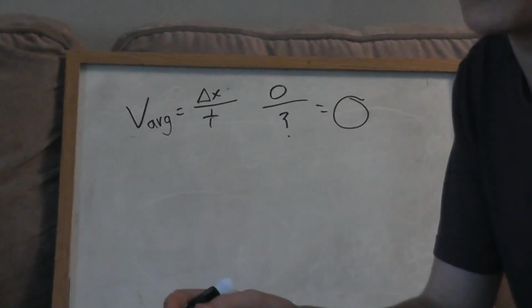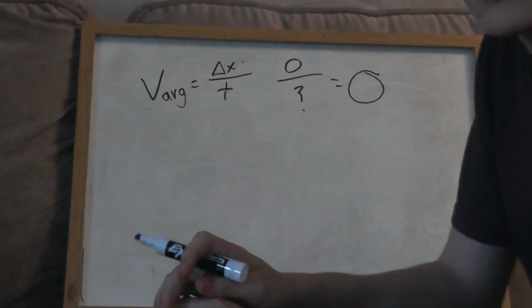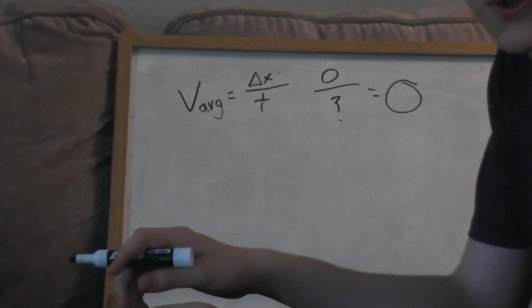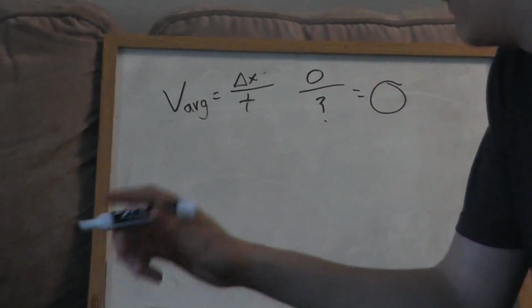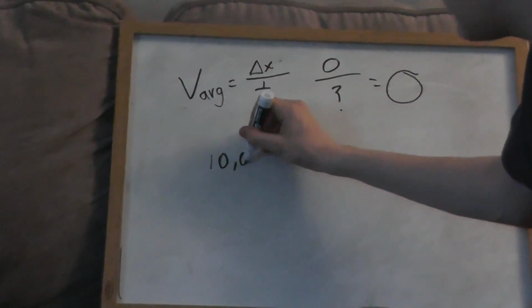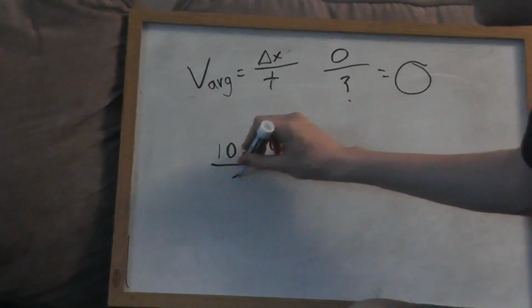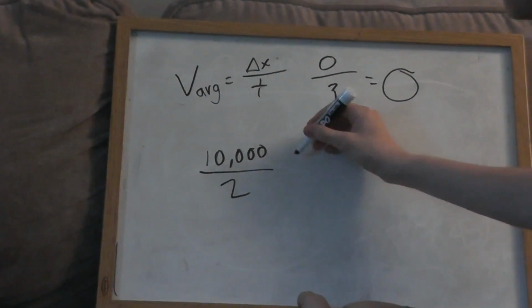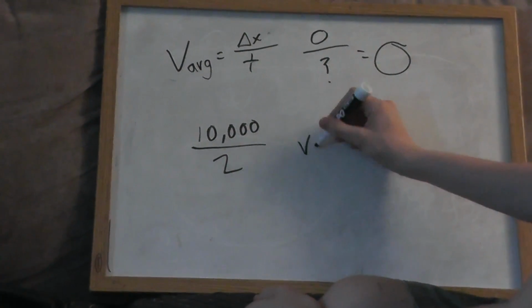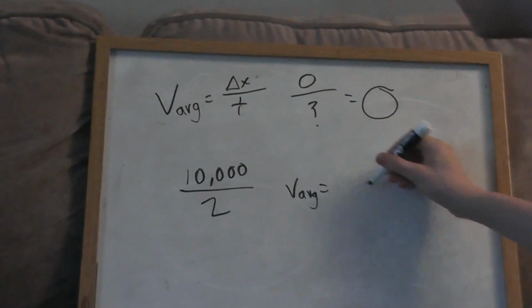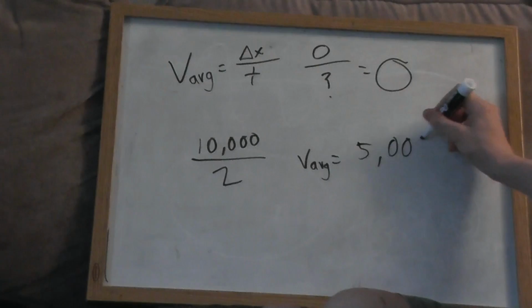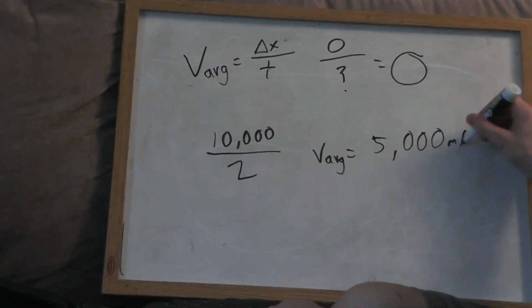So that's why his average velocity was 0. Another example of this would be if Santa was flying around the world on his sleigh and he went 10,000 meters in 2 seconds, then his average velocity would be 5,000 meters per second.